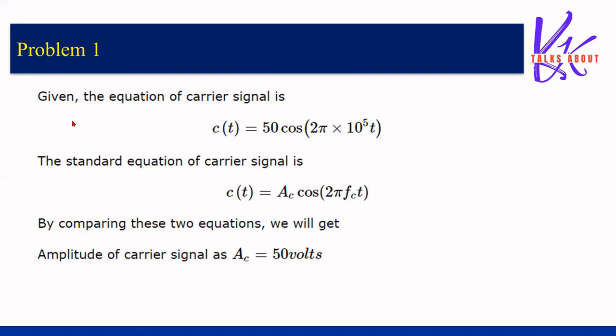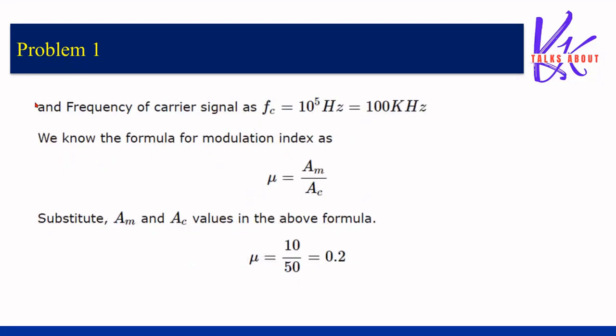Now he is asking us to calculate the modulation index. Previously we have seen the modulation index is defined as mu is equal to AM by AC, or A max minus A min by A max plus A min.